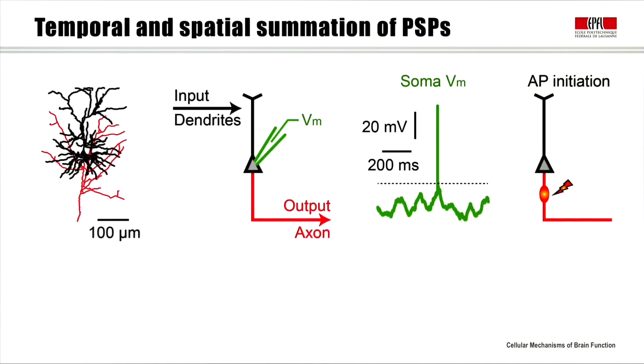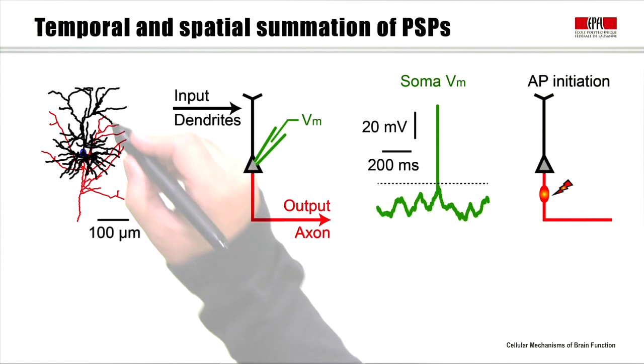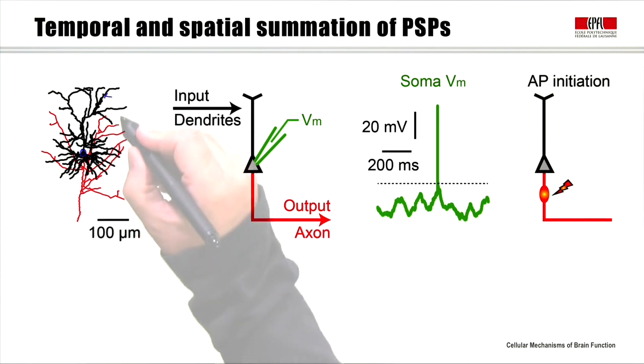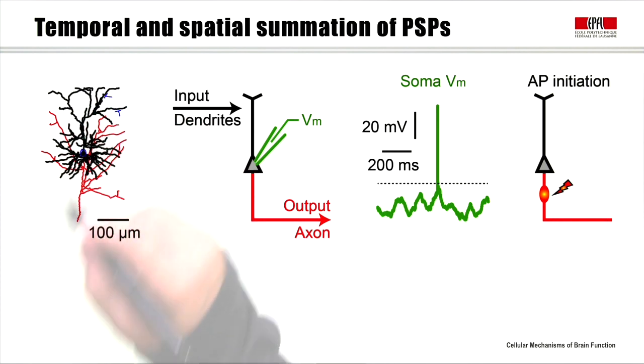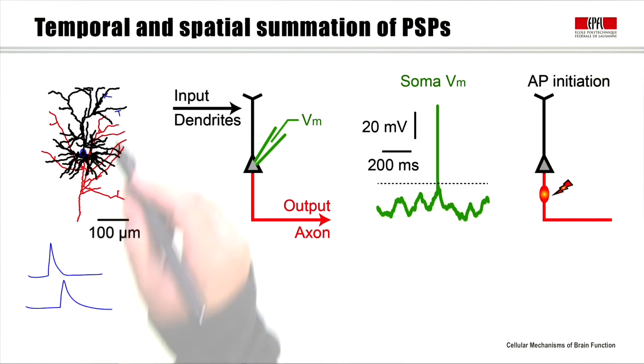So this gives rise to even further complexity as to how synaptic integration occurs in real neurons. So if we have our cell body here, and there are synapses that are distributed across the dendritic arborization of this cell, there will be a barrage of membrane potential fluctuations that occur, some of them at the same time, and others at different times across the dendritic arborization.